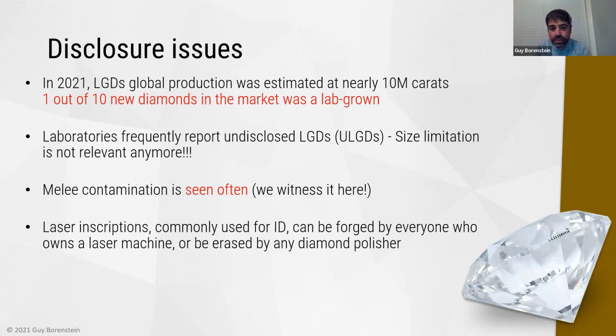Another issue that we see a lot is melee contamination. You are ordering a parcel of stones and it comes with some undisclosed lab-growns inside. I'm telling you because, as I told you, in our processes we are screening millions of diamonds every year.